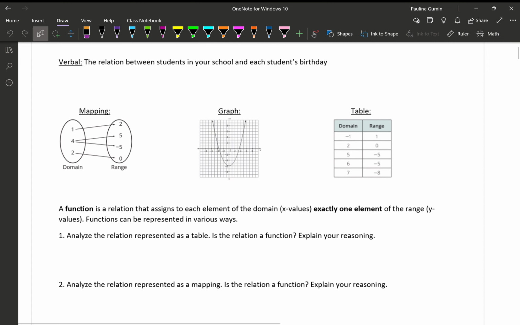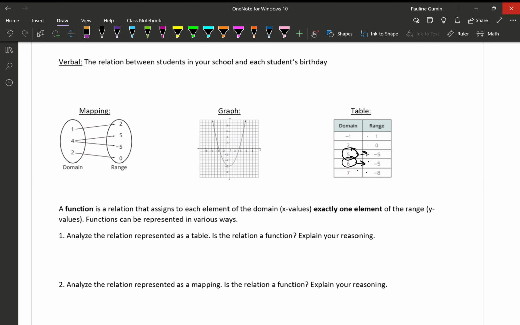All right, number 1. Analyze the table. Is it a function? Well, let's see. Each domain is different. Each domain has just one type of range. Now, it's okay if you see the domain here, this 5 has a negative 5 and the 6 has a negative 5. Because sometimes different people will date the same person. That's okay.